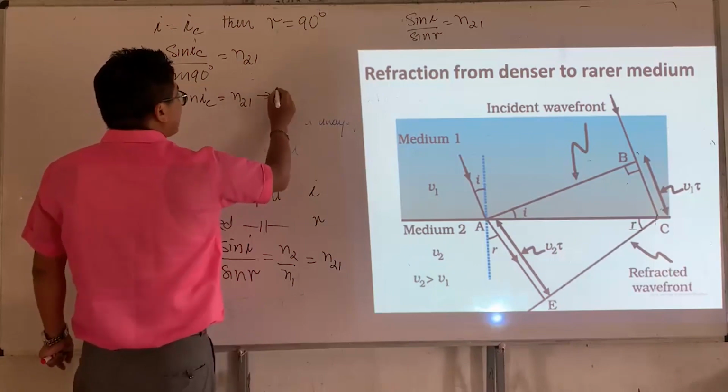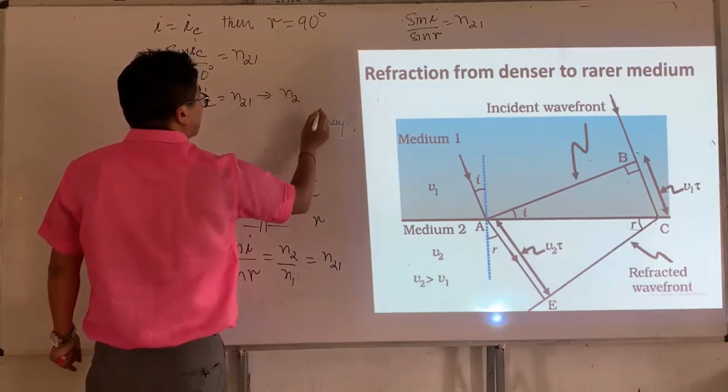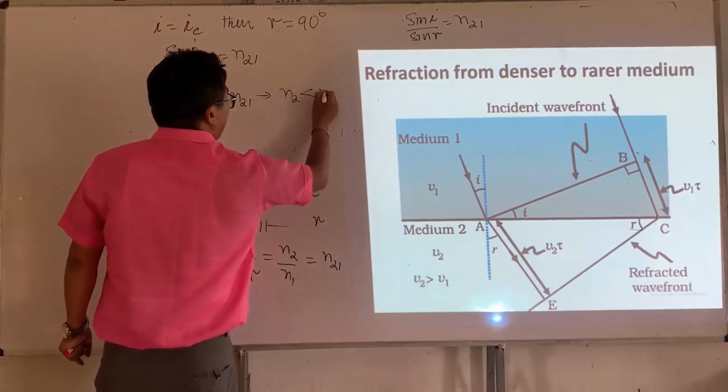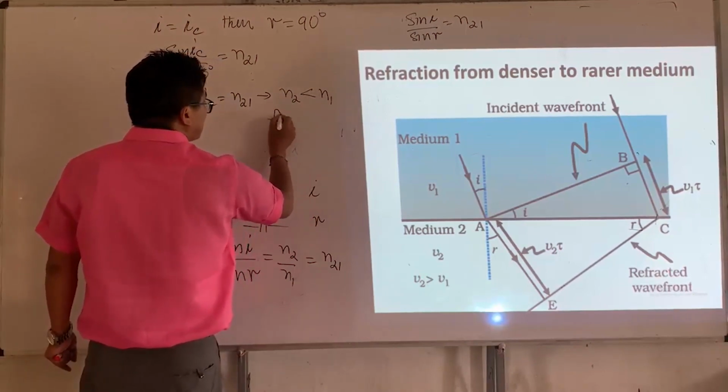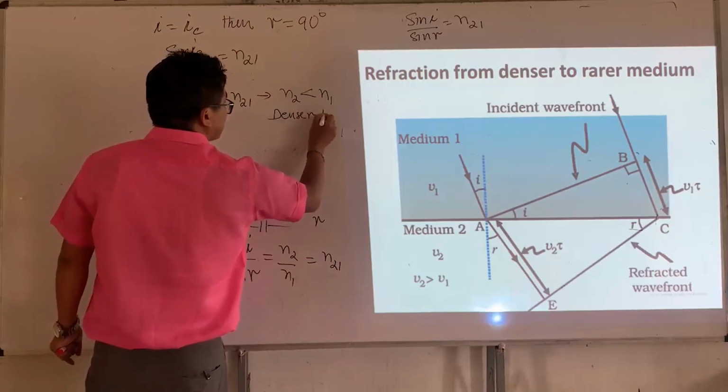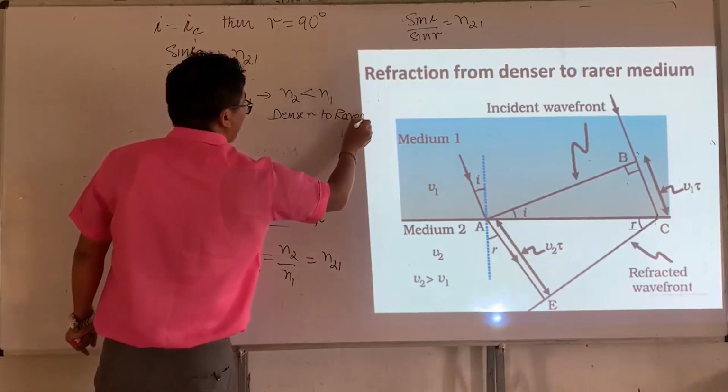Again I'm repeating, N2 is less than N1, which implies going from denser to rarer.